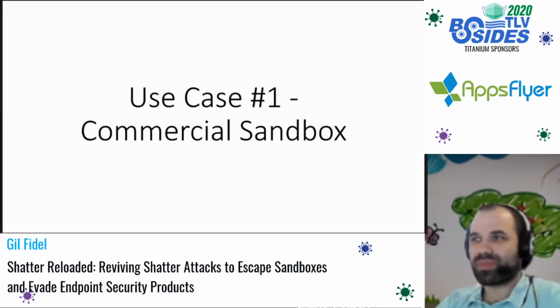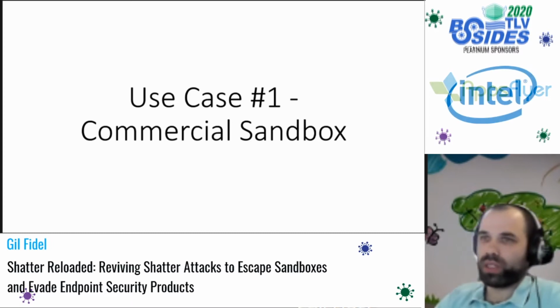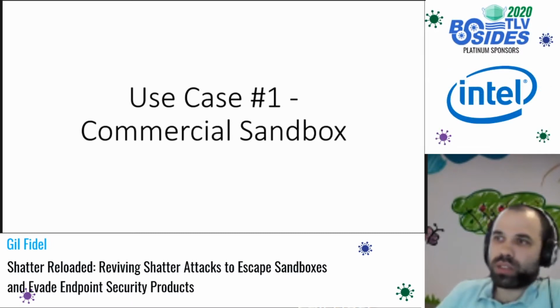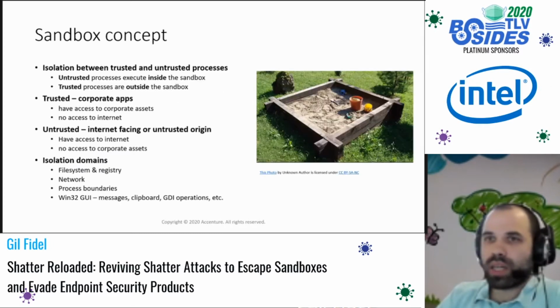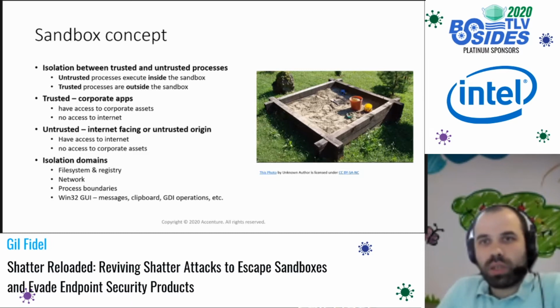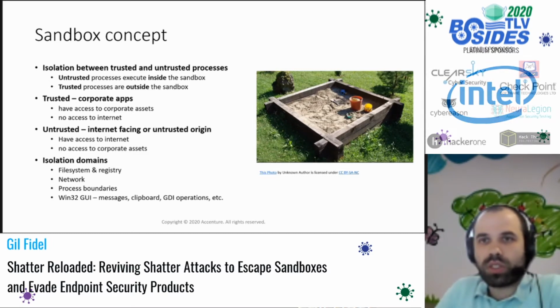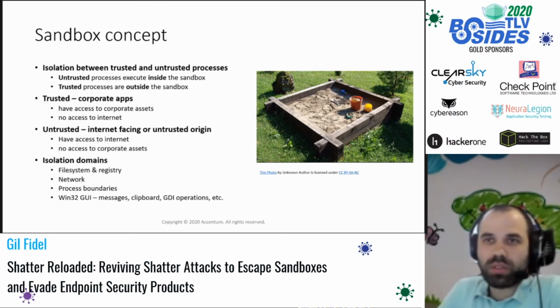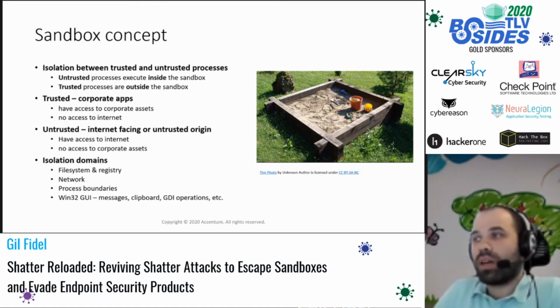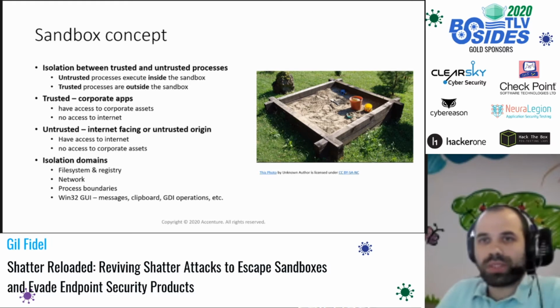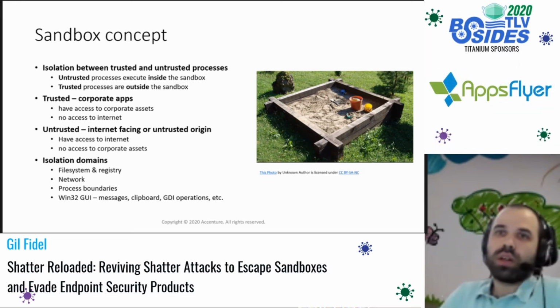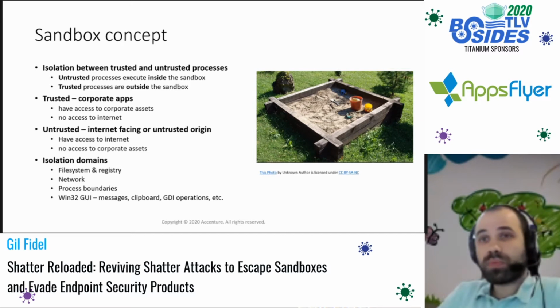So the first use case we're going to talk about is commercial sandboxes. We had a project where we needed to do some vulnerability research and assessment of a commercial sandbox to find weaknesses. I've not disclosed its name because it was a client, but basically the concept was that we want to isolate between trusted and untrusted processes.